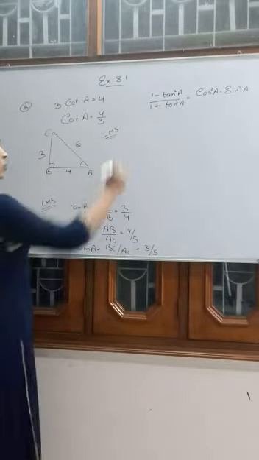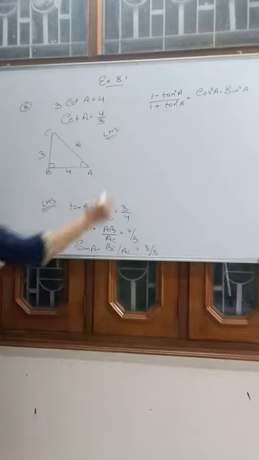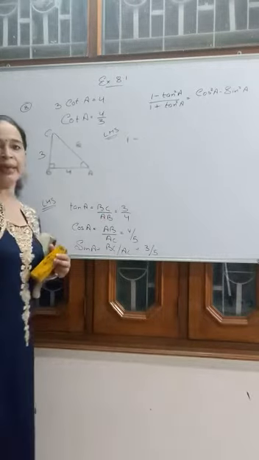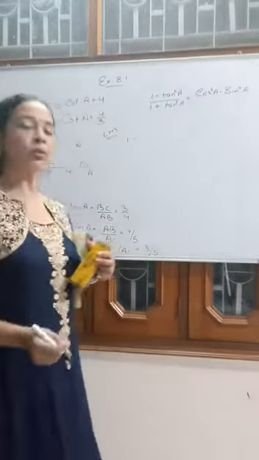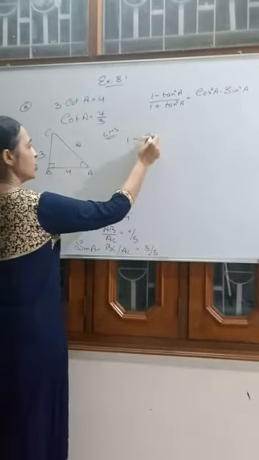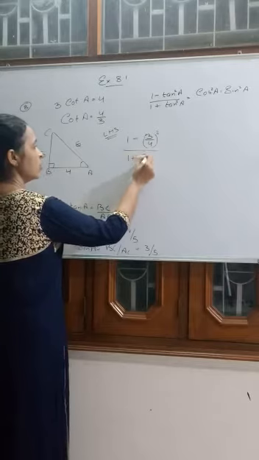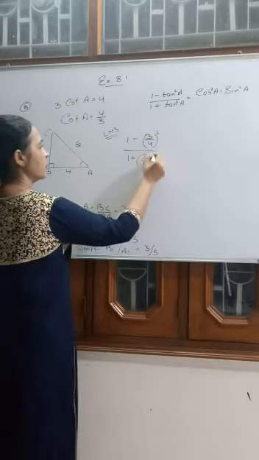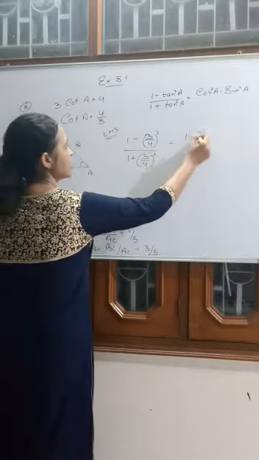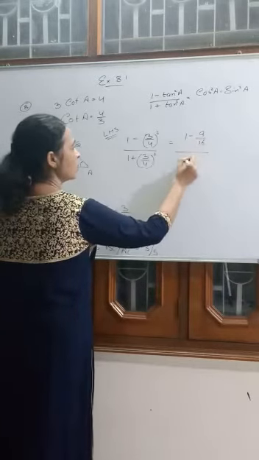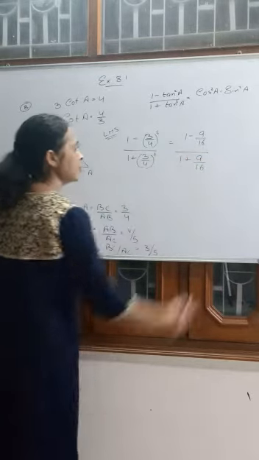Now what is the left hand side? 1 minus tan square A upon 1 plus tan square A. Tan square A is tan A whole square. What is tan A? 3 by 4. So (1 minus (3 by 4) whole square) upon (1 plus (3 by 4) whole square). It is 1 minus 9 by 16 upon 1 plus 9 by 16.